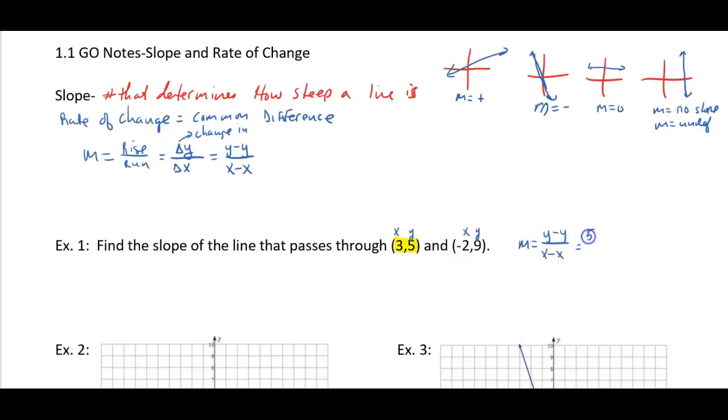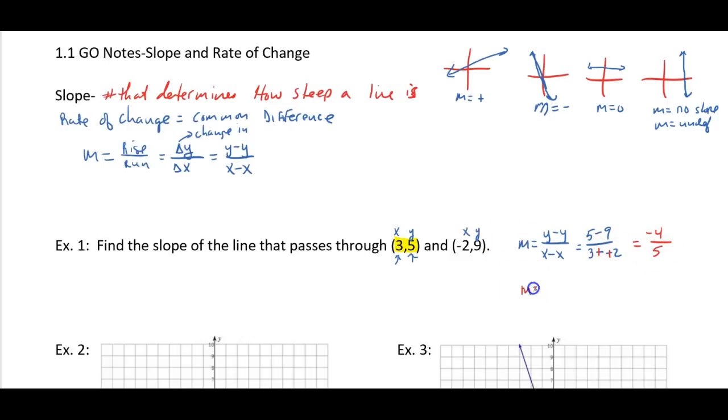So if I do 5 minus 9, right, since I started here when I subtracted the y's, I must start here with the 3 when I subtract the x's. So it'd be 3 minus negative 2. But when I subtract a negative, what's it become? A positive. So 5 minus 9 is negative 4, and then 3 plus 2 would give me 5.